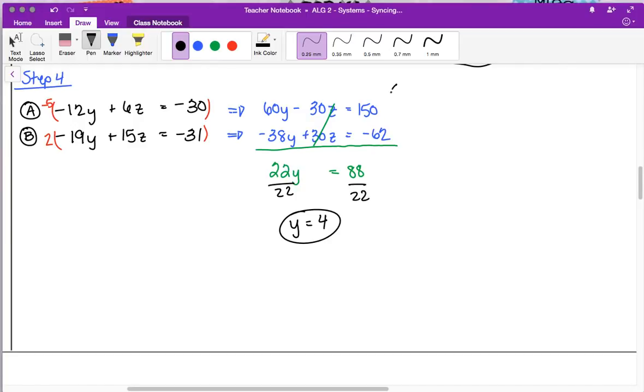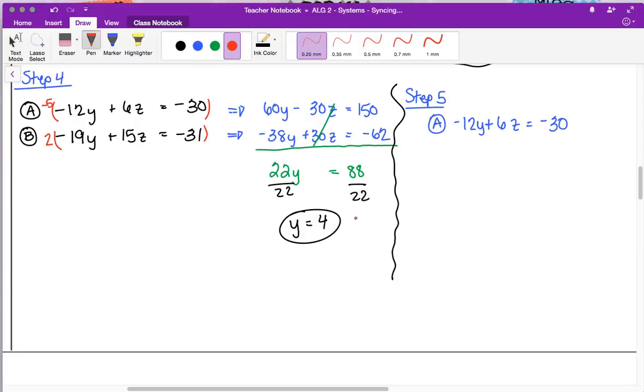Let's go ahead. I'm going to separate my work, and we'll move on to our next step, step 5. So step 5 tells us to substitute the solution back into equation A or B and solve. So y is 4. I'm going to substitute that, and I'll choose equation A. Equation A is negative 12y plus 6z equals negative 30.